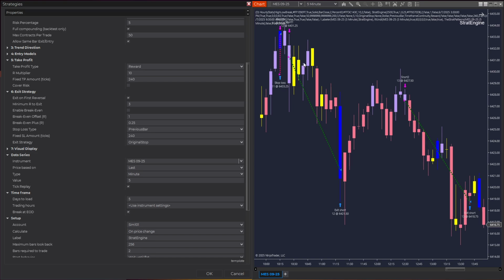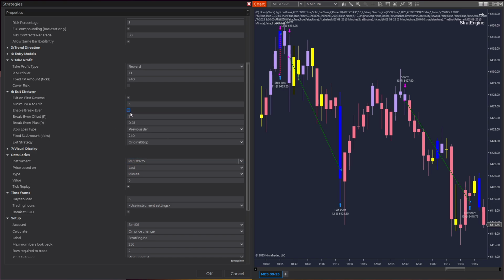This was technically the first Strat reversal, but because there wasn't actually 1R hit yet, or in this case, 3R, which is the way that it is set up, it will avoid taking any of those Strat reversals to exit. That's that.